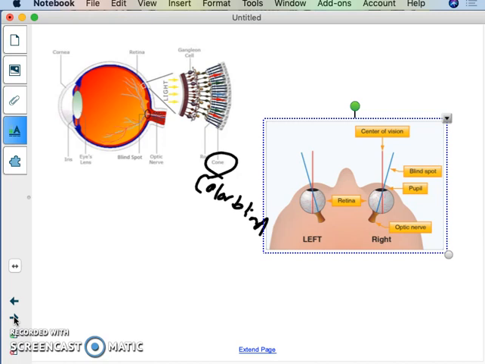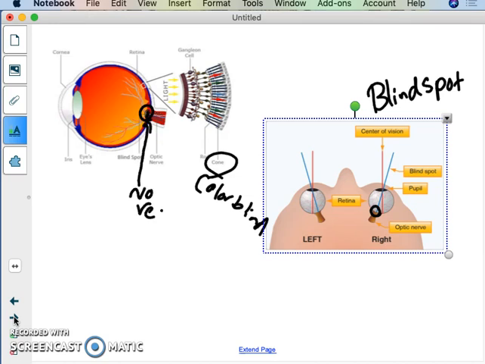And then a blind spot. Everybody has a blind spot. That doesn't mean there's anything wrong with your vision. The blind spot happens when light comes in and hits right on the optic nerve. Where the optic nerve enters at the back to go to the occipital lobe, there are no receptors.